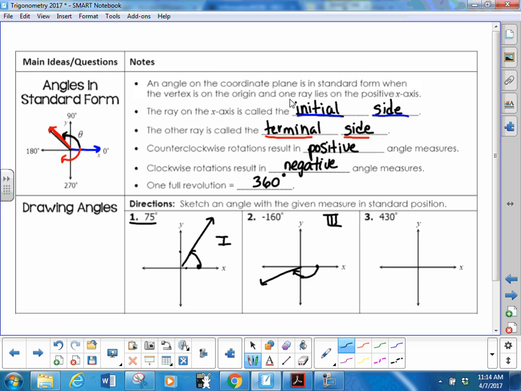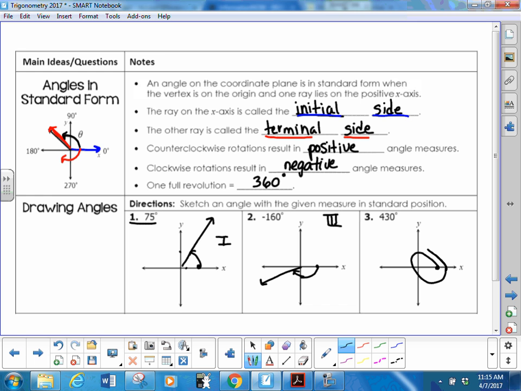Now let's look at number 3. We're going to start here on the positive x-axis. And it's positive, so we're going counterclockwise. Okay, I can go all the way around. That gets me to 360. Do I want to go all the way over to this 90? That'd be too many. So I'm going to go 360. I need to pick up, what is it, 70 more degrees.